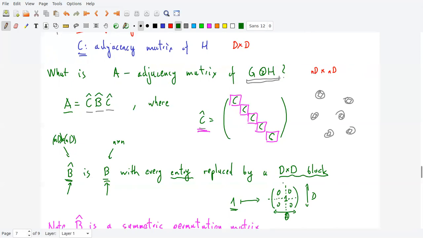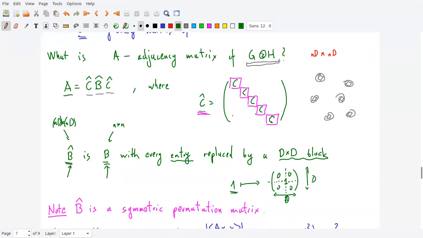So this is how B hat is being obtained from the matrix B. In particular, observe that B hat is a matrix of a graph that is essentially a matching, because this is a matching between these different endpoints.